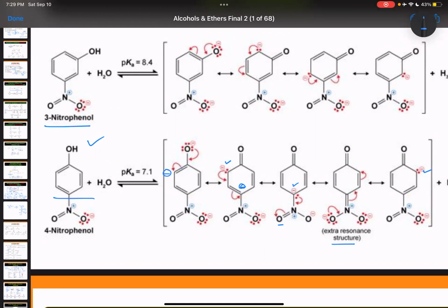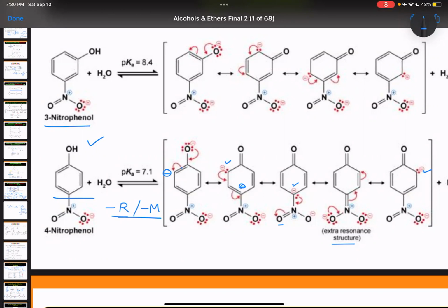So the nitro group is pulling electrons by means of resonance, so it is exerting a minus R effect or minus M effect, the mesomeric or resonance effect. If someone is pulling electrons by means of resonance, it is minus R or minus M effect. And this is going to make the O minus more stable, because now the O minus electron density is dispersed at more places, on the nitro group also.